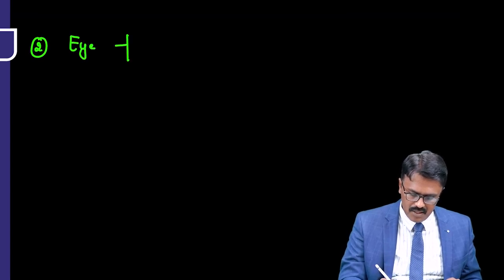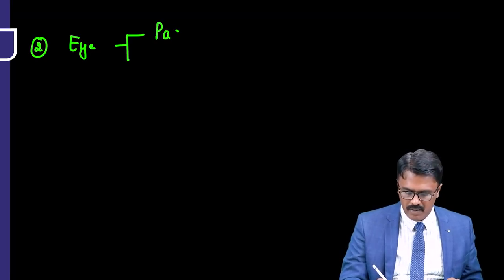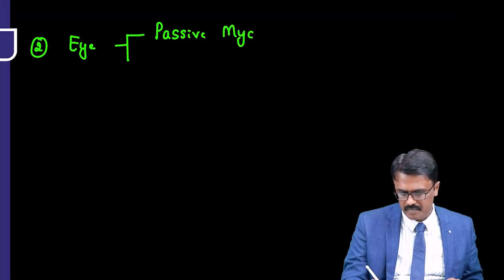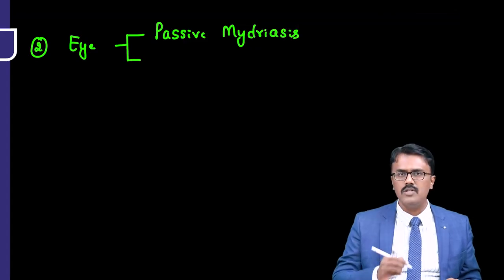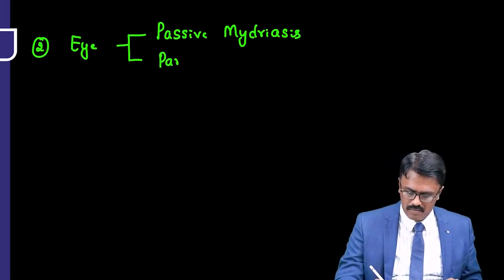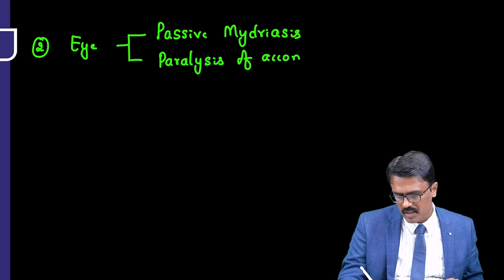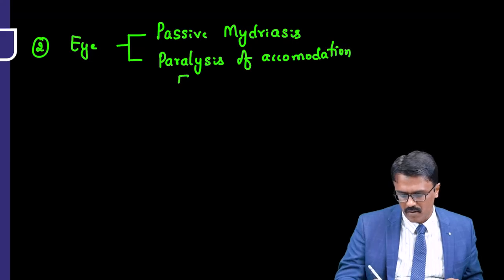In the eye, these produce mydriasis, and we call it passive mydriasis, and they also cause paralysis of accommodation.